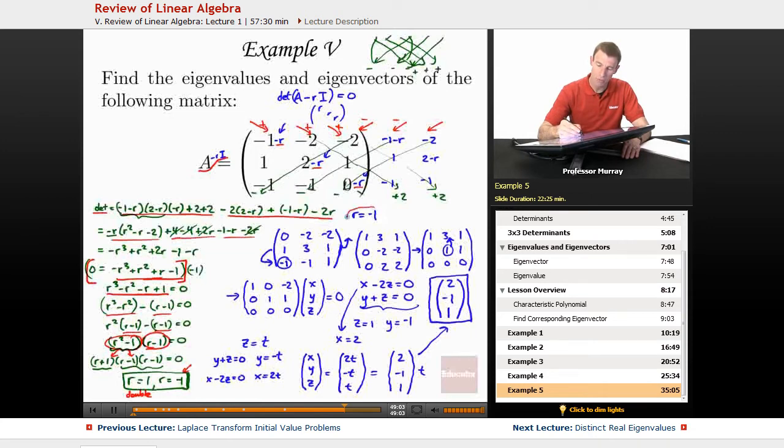For r equals negative 1, we plug that back into the matrix, which means we're subtracting negative 1 along the main diagonal, which effectively means we're adding 1 on the main diagonal. So that's where we got the 0, 3, 1 on the main diagonal. All the other entries are just the original matrix. Then we row reduced this according to our rules from linear algebra to reduced row echelon form, and from there we solve for x, y, and z.